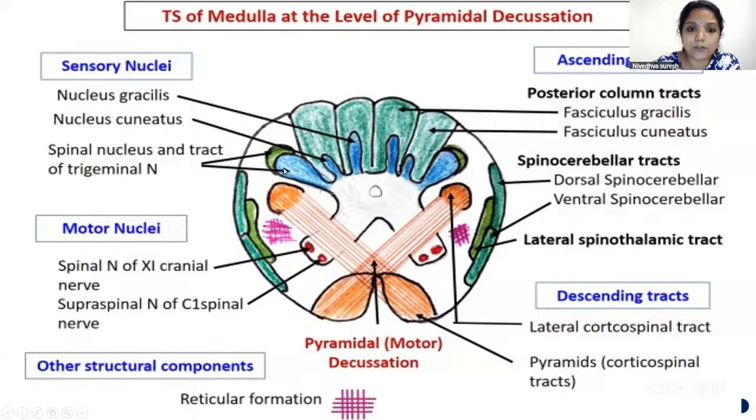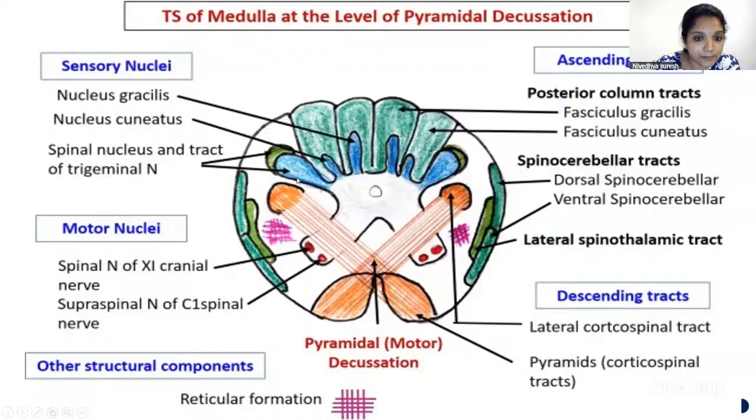And see, a little posterolaterally, what is this? In the spinal cord we saw this as the posterior horn. Now this posterior horn is converted here into the spinal nucleus. This is the spinal nucleus, and you can appreciate a capping above the spinal nucleus, which is called the tract of the trigeminal nucleus.